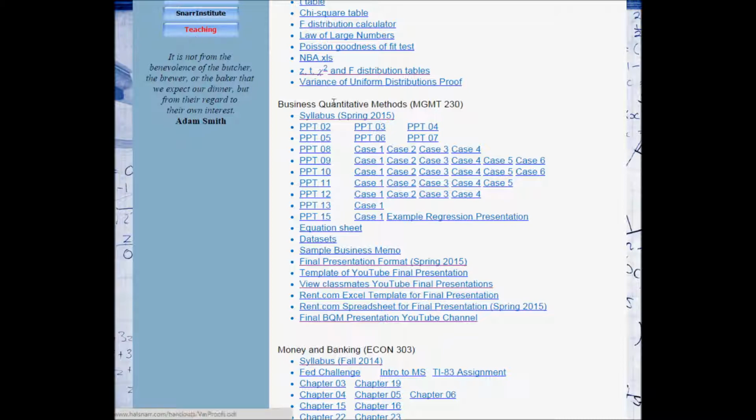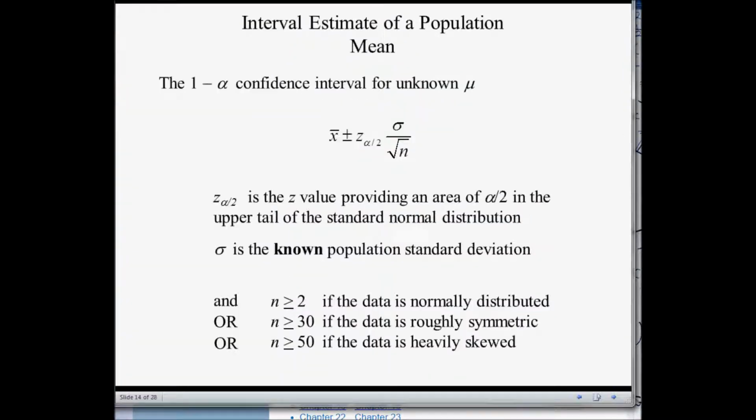So at my teaching page, you can download PowerPoint 8, which you already have up. The confidence interval is the sample mean plus or minus z times sigma over square root of n. Sigma over square root of n is the standard error, and you multiply the standard error by z to get the margin of error. So this right here is the margin of error, and this part here is the standard error.